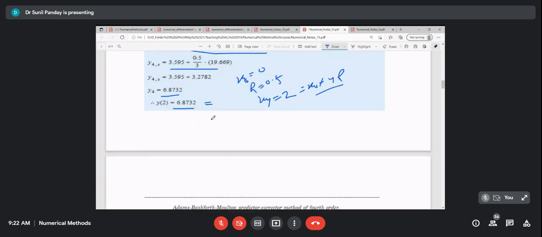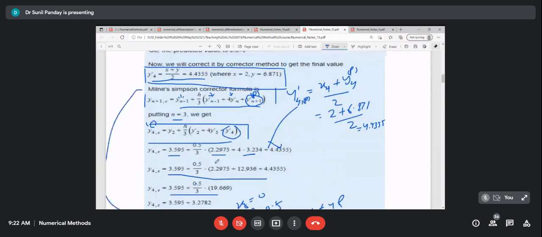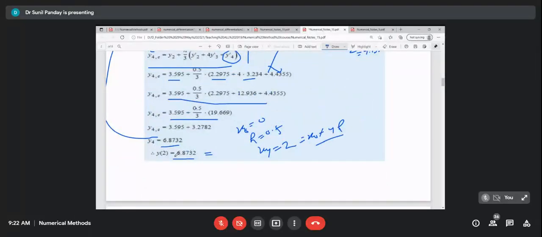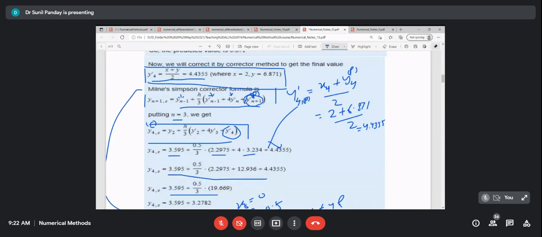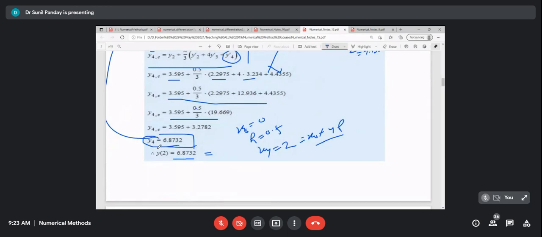If I told you to correct this value up to two decimal places, then you have to again repeat this corrector process, not the predictor. Now you repeat this corrector process one more time and substitute this value as the predicted value here for further correction. Then you check the first correction and the second correction, and if they are matching up to two decimal places you stop, otherwise you continue.